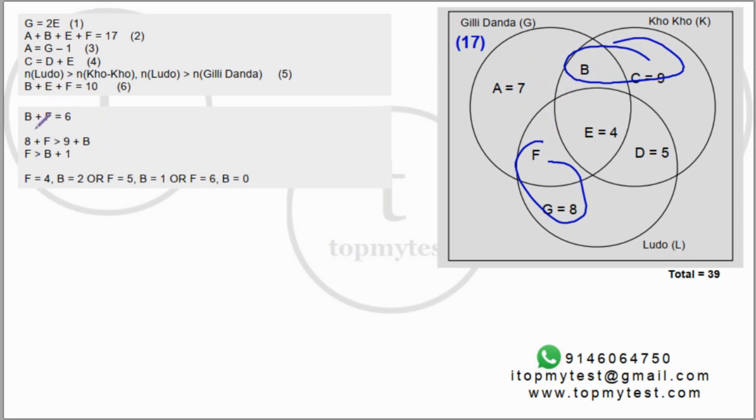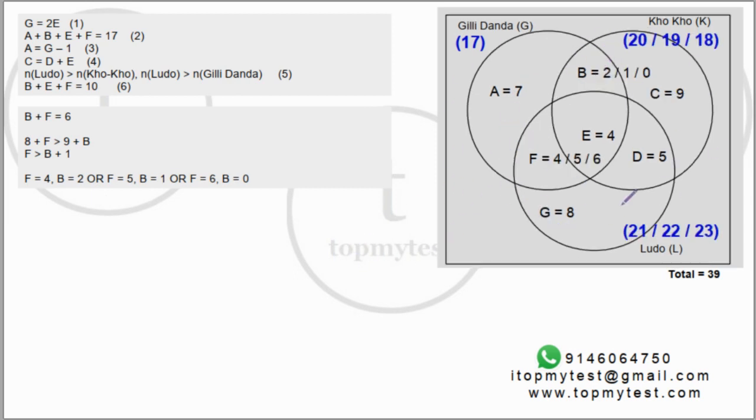And we also know F plus B is equal to 6. So the possibilities are F is equal to 4, B is equal to 2. Or you can have F is equal to 5, B is equal to 1. Or F is equal to 6, B is equal to 0. 3 and 3 are not possible. Okay, let's try to fix these values here. If I put 4 or 5 or 6, this will be 2 or 1 or 0. Let's add up the values.